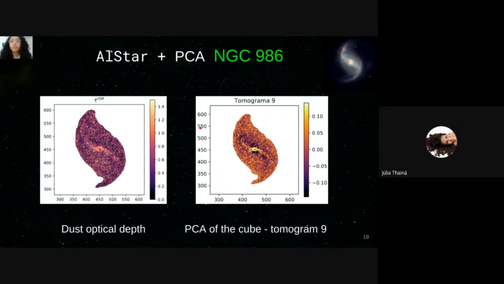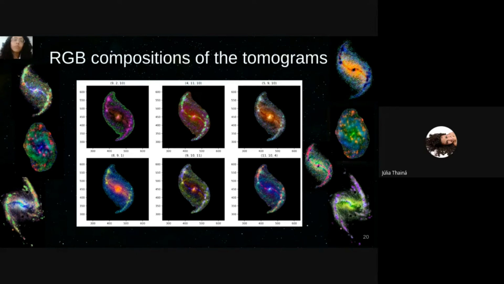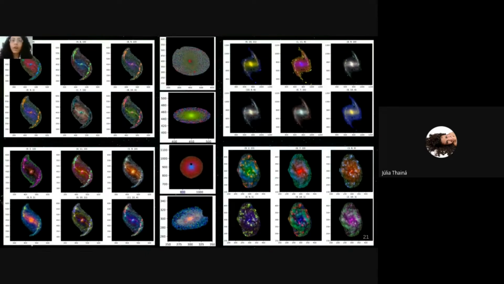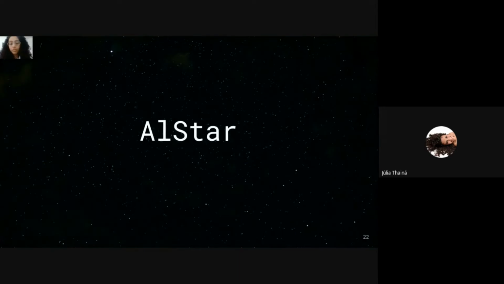Here, for example, we have a tomogram that is very similar to the map of the dust optical depth from All-Star. The idea here would be to make a reverse engineering. We also did RGB compositions of the tomograms that, besides being beautiful, are spatially cohesive, indicating that they have a physical meaning. Then that's it.